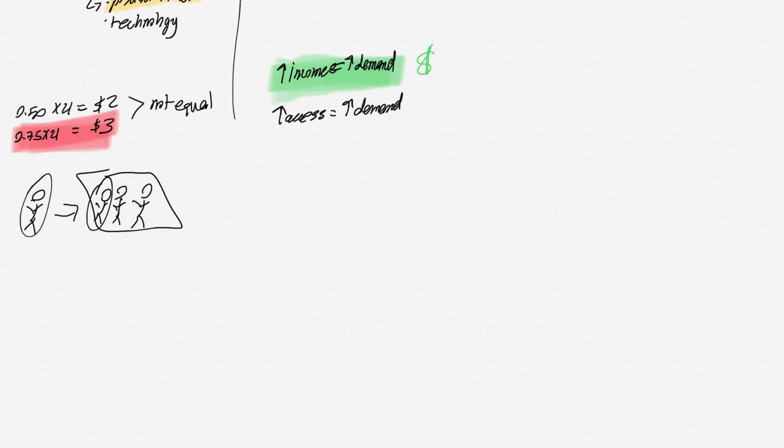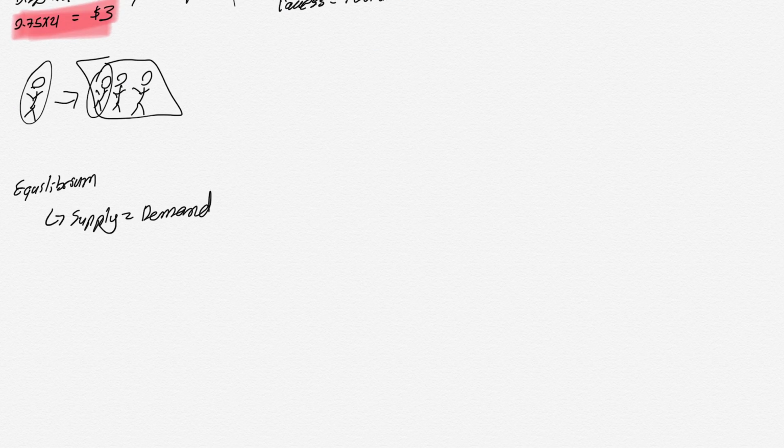What exactly is the goal of supply and demand? Now this kind of seems dumb because supply and demand are inanimate objects, but supply and demand try to reach equilibrium. Okay, and now this is when supply equals demand. So let's just think of it this way. Blue for supply, red for demand.